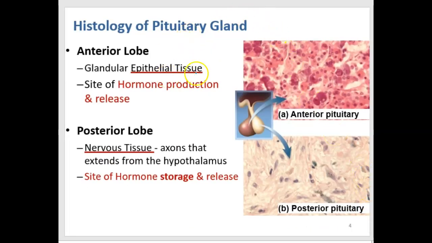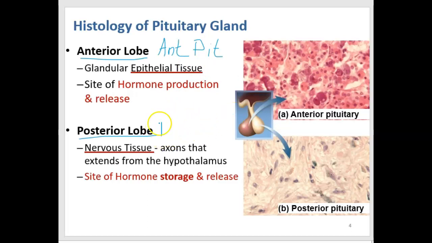Now the names of these different lobes of the pituitary, we often just say anterior lobe of the pituitary or posterior lobe versus adenohypophysis. In fact we usually abbreviate it, and it's very common to say anterior pituitary, and that means the adenohypophysis, or the anterior lobe of the pituitary gland.